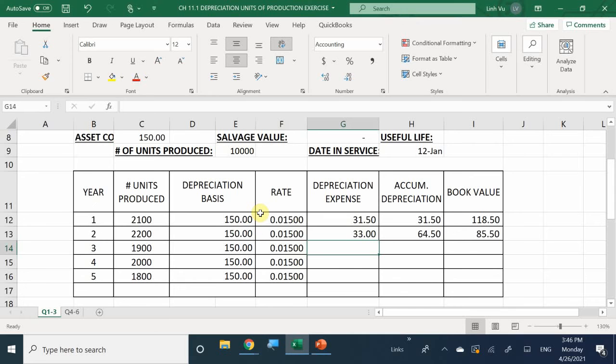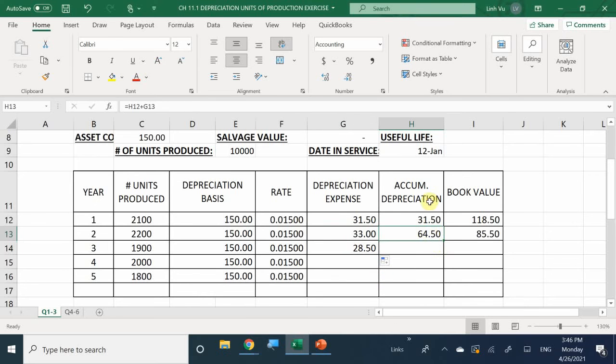What is going to be my depreciation expense for year 3? $28.50. Good.